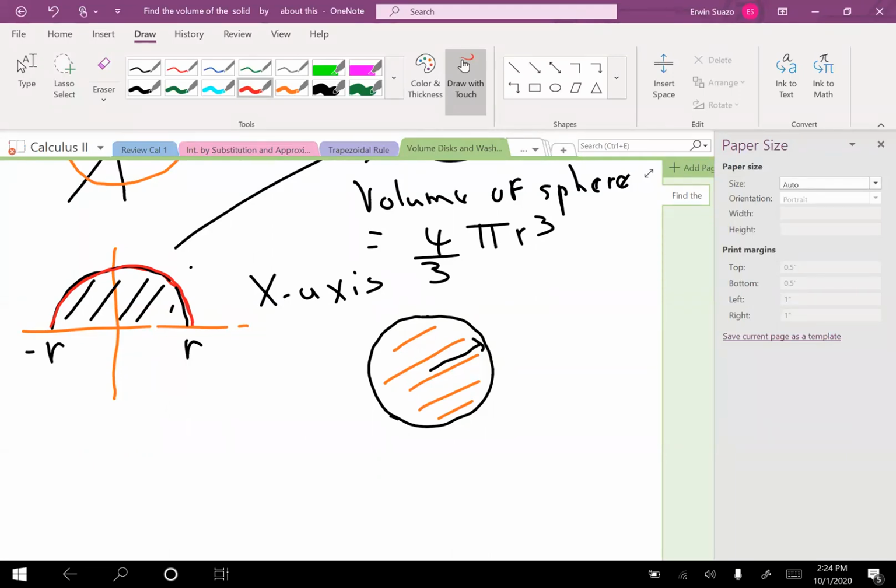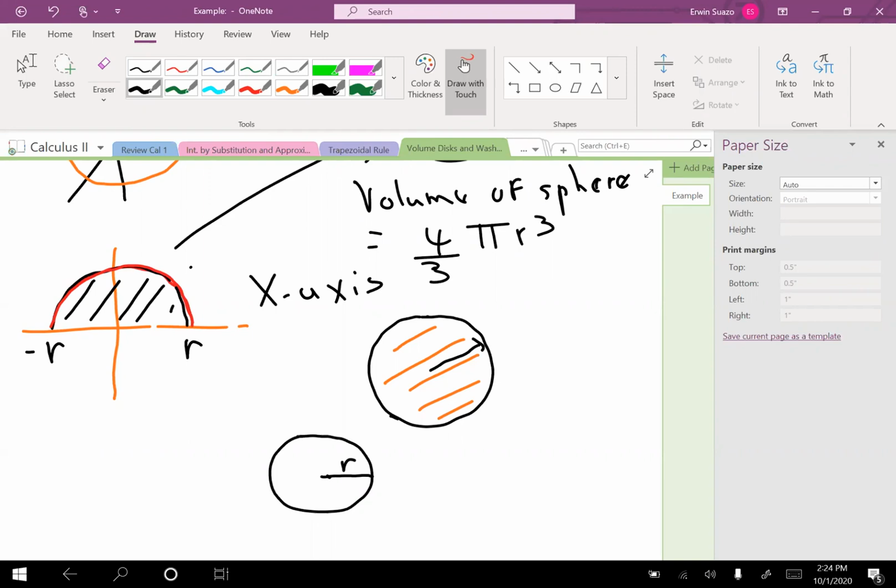So we can start with the equation of a circle. We had talked about that before here. Radius r. So what is the equation of this circle, guys? Everybody knows.